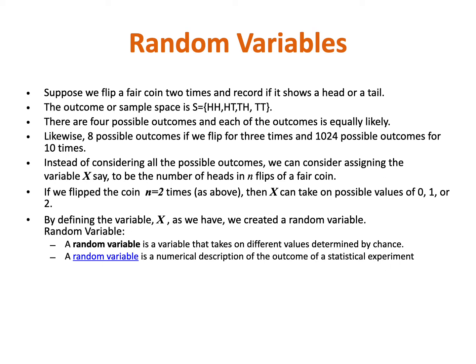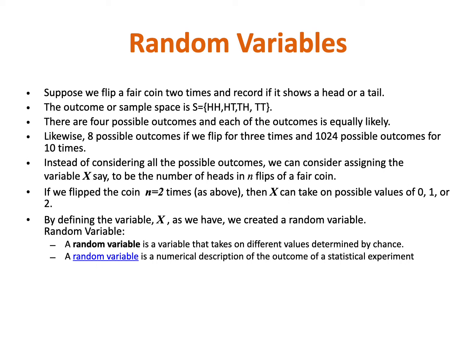So instead of considering all the possible outcomes for this experiment, what we can do is assign a variable x to the number of heads in n flips of a fair coin.